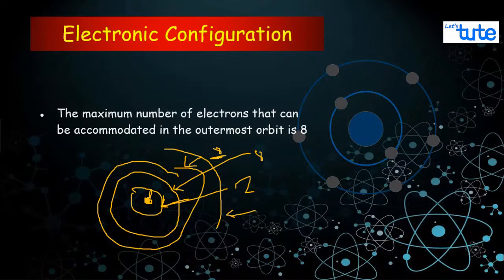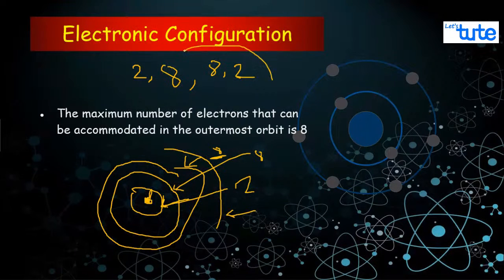It goes to your SPDF blocks, shells, and orbits. It's totally a different concept. But to keep things simple, just remember the first orbit will have 2 electrons, the second orbit will have 8 electrons, the third orbit will have 8 electrons, and then 2 electrons.